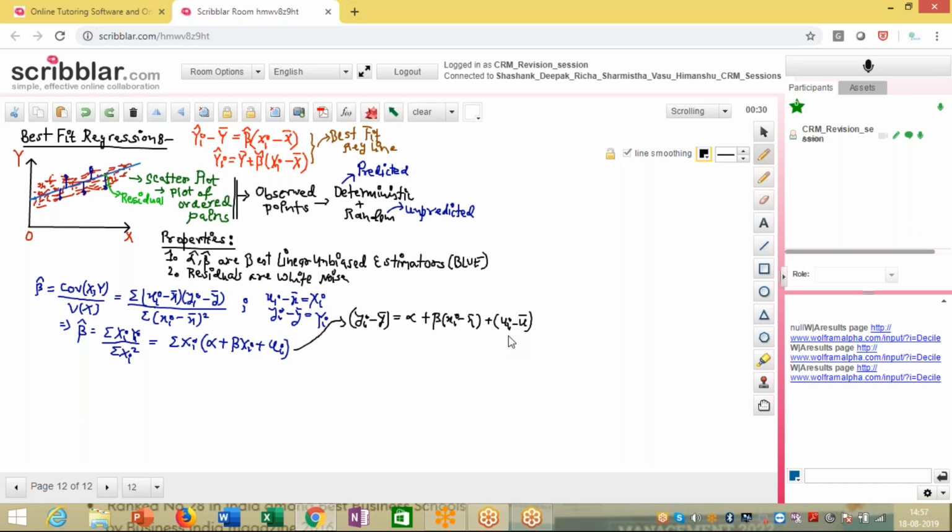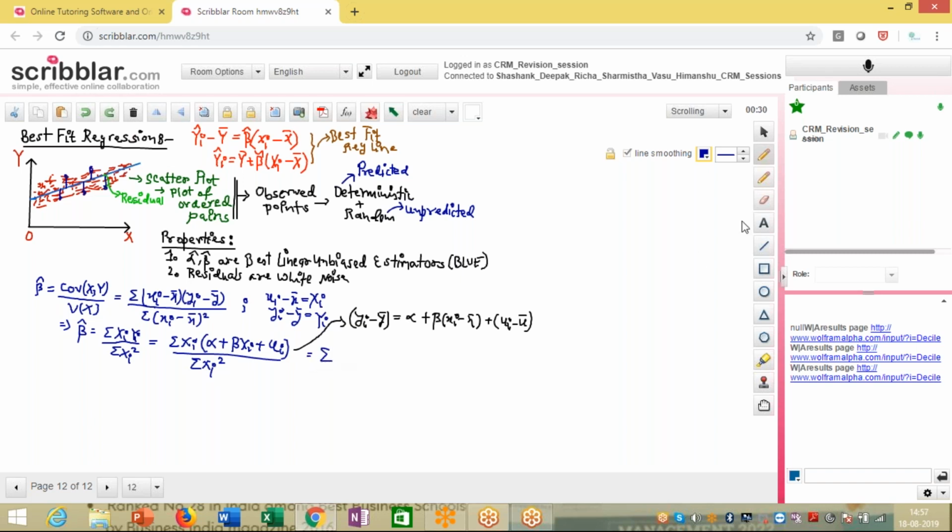Right, so this is the way I have written it. Now over here the next question that comes out is as follows. So this becomes summation psi square. Now have a look into it.